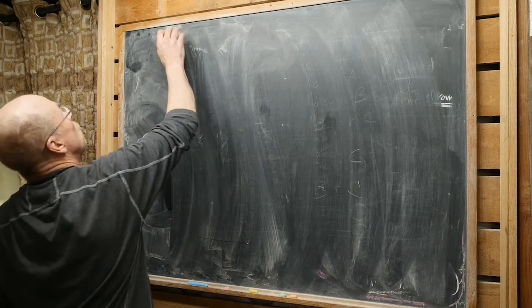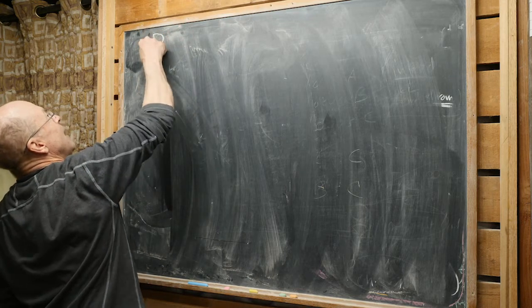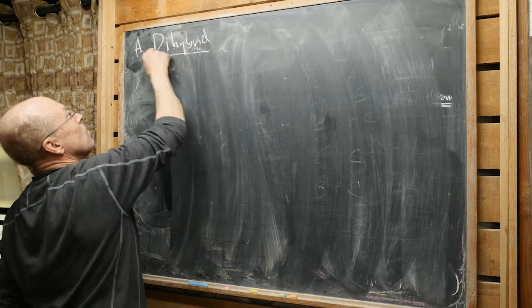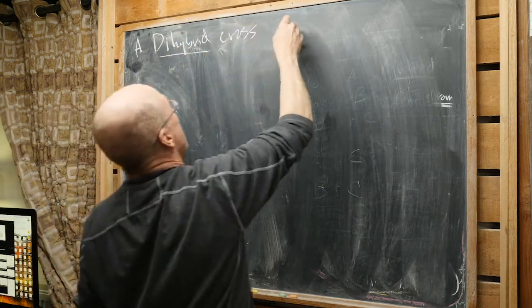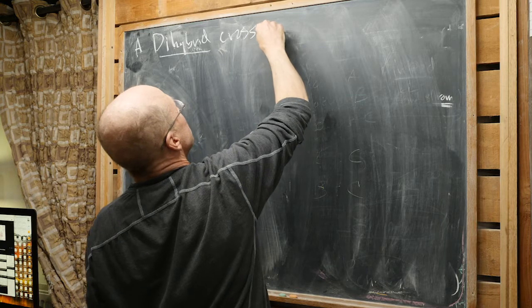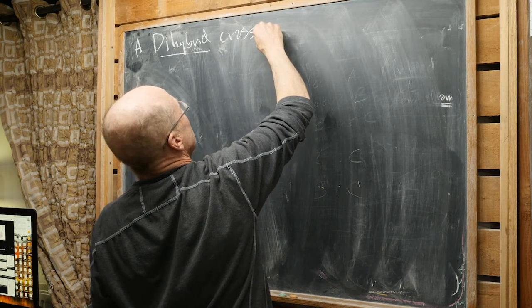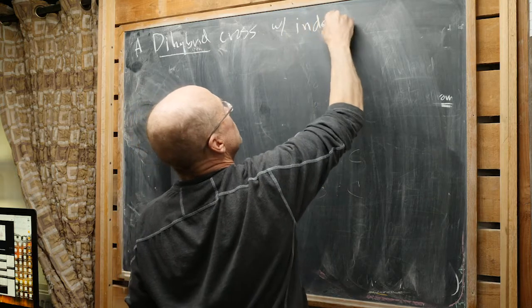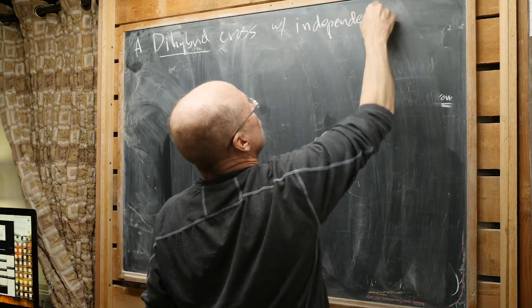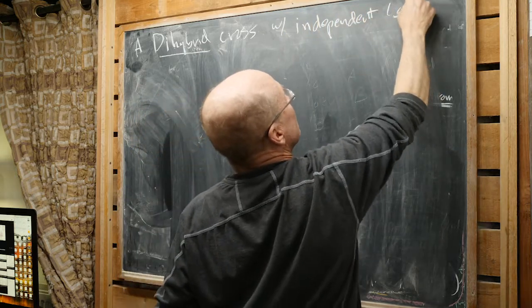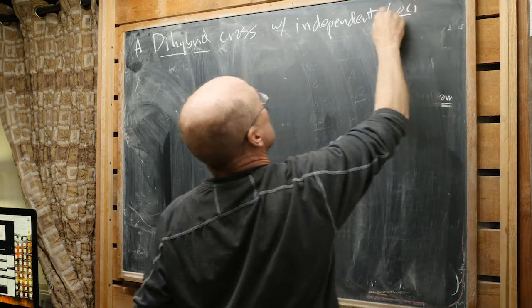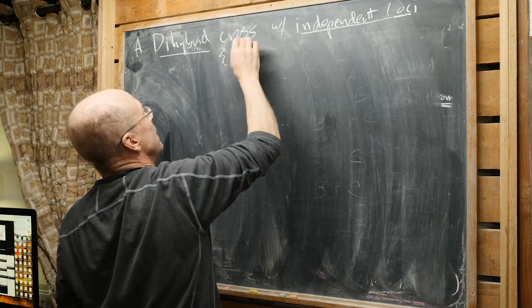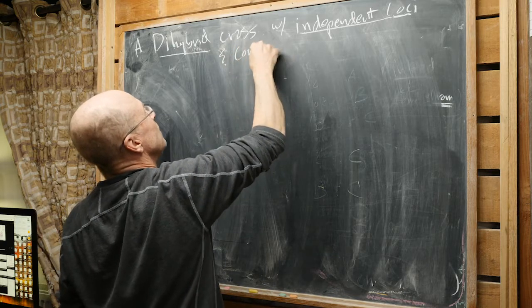All right. So let's take a look at an exciting one. Here we go. We are going to do a dihybrid cross of independent loci, with complete dominance at each.